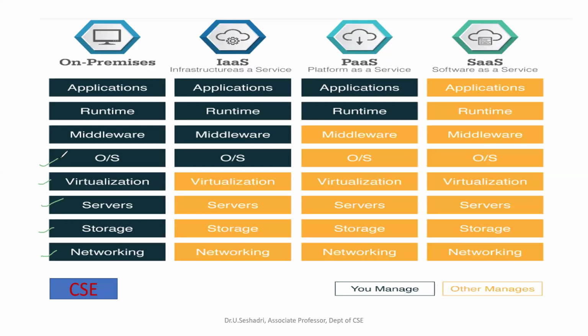To develop the application some tools are required, nothing but the middleware tools, and we need the software and programming languages, Java or Python or Go. That also we take care of. Finally, you develop the application, test it and deploy it. In on-premises, everything you need to take care of. That's what I have mentioned, that you have to manage.